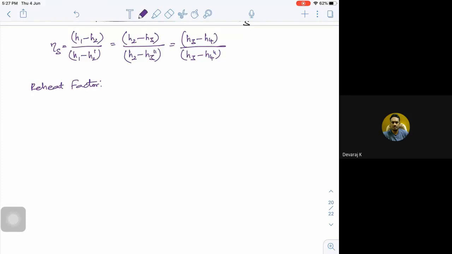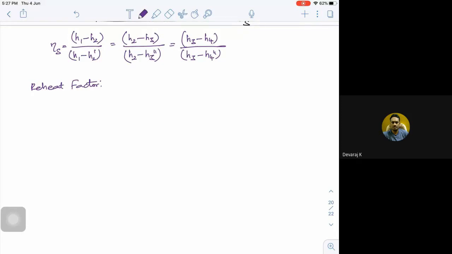What is happening stage by stage? What's happening to the single stage heat drop? This becomes very important when we analyze any kind of steam turbine with respect to thermodynamics.